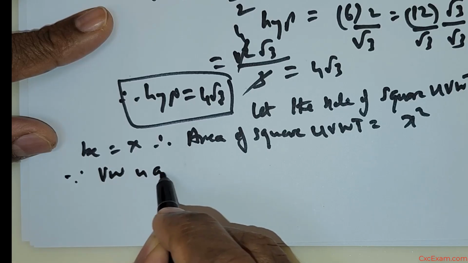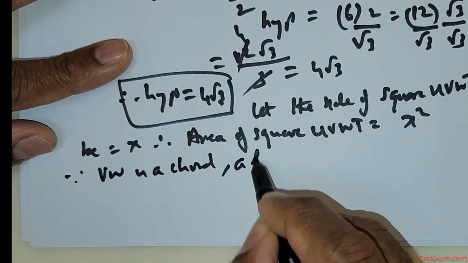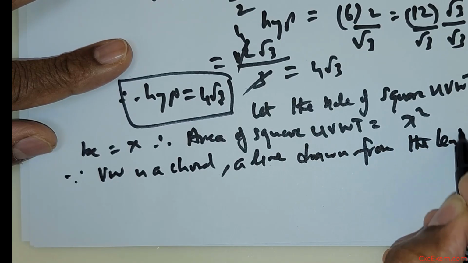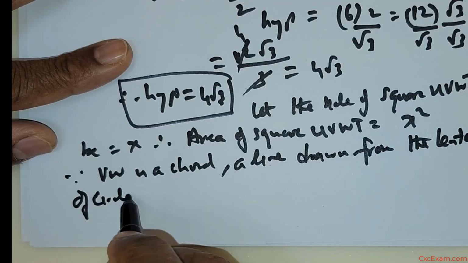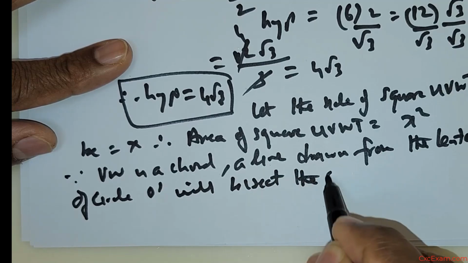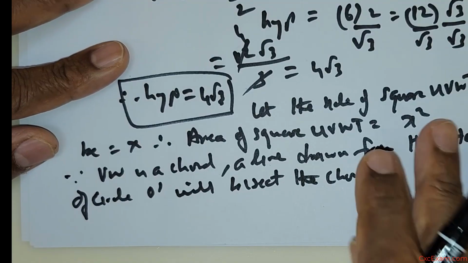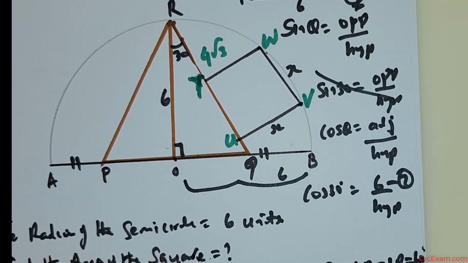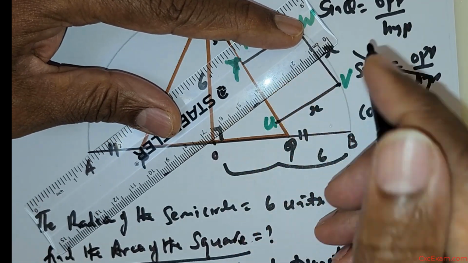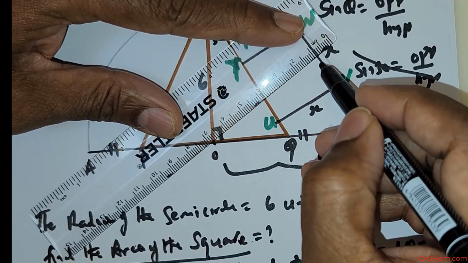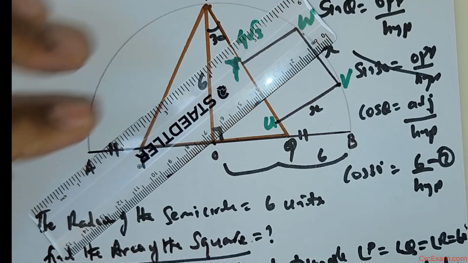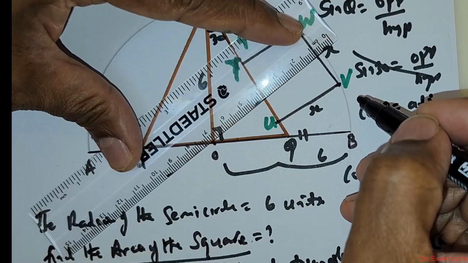Since VW is a chord, a line drawn from the center of circle O will bisect the chord, right? So let me draw that. So this is going to be dividing the chord into 2 equal parts.